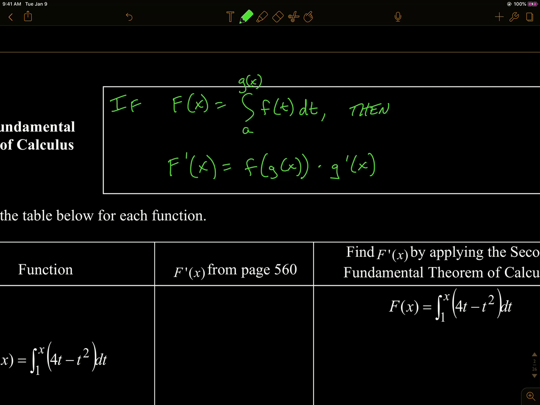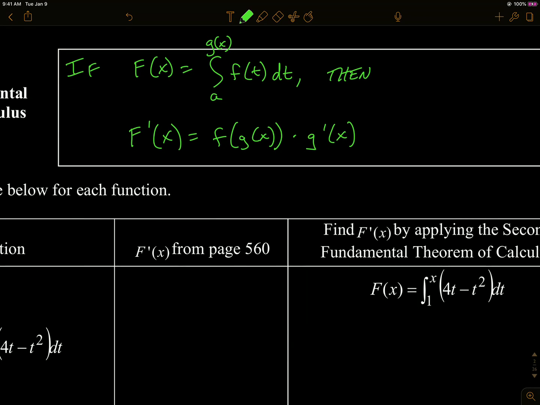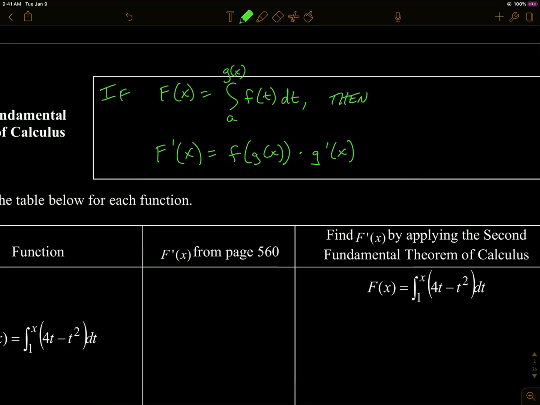All right, so the connection, we'll see what this means a little bit after these couple examples, but the connection here is that we're going to see that derivatives and integrals undo each other.